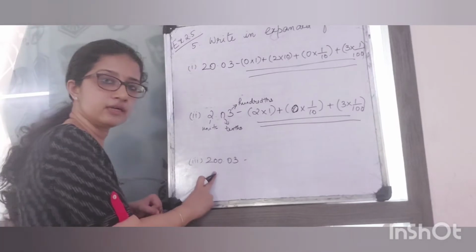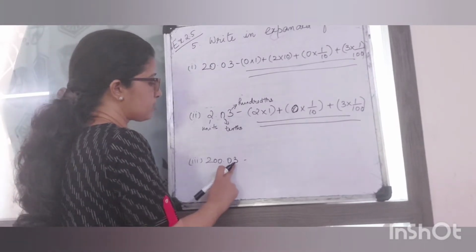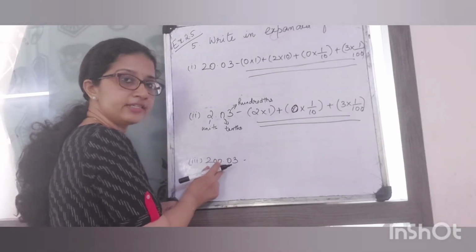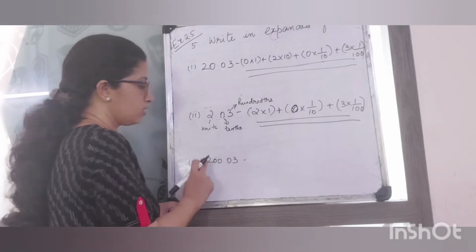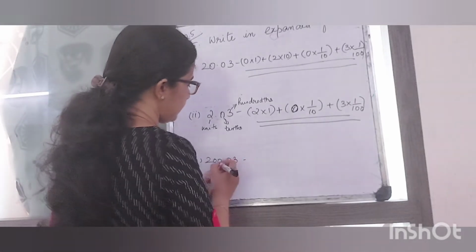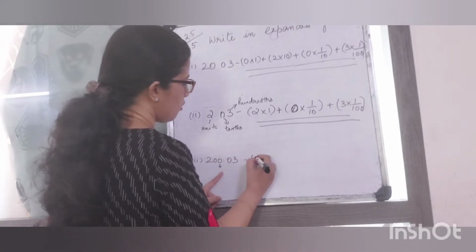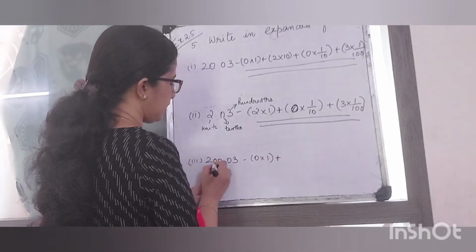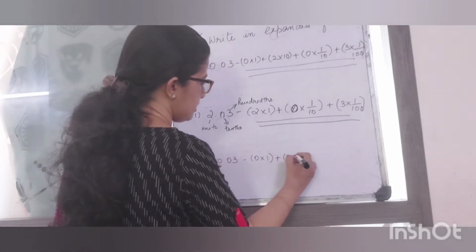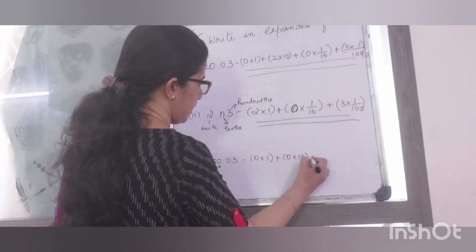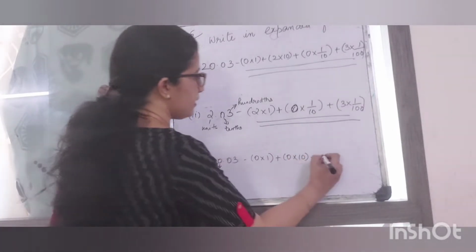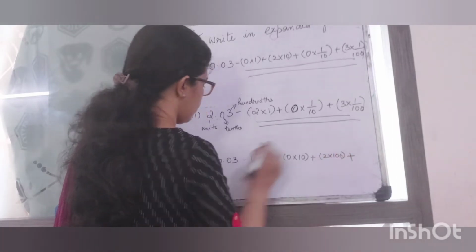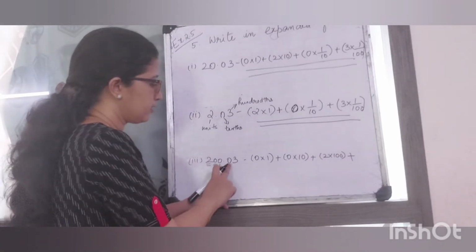Now let's take the third question, which is 200.03. If we expand this, what is the integer part here? 200. So 200 is the integer part. This is the units place, so 0 into 1 plus, again there is a 0 in the tens place, 0 into 10 plus, there is a 2 in the hundreds place, 2 into 100 plus, now what is there in the decimal part? 0 and 3.